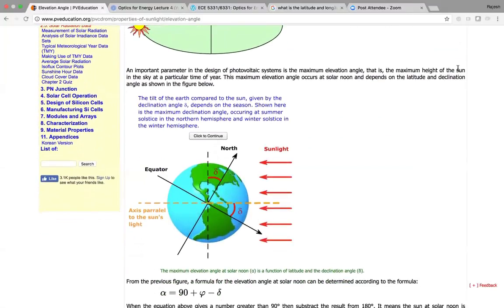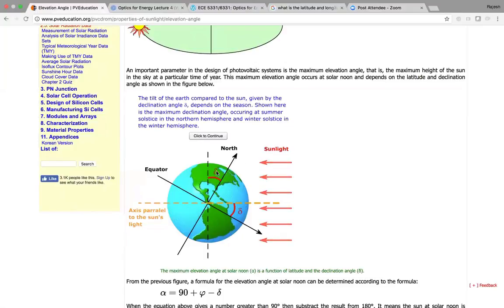Okay, now once we have the elevation, let's think about the Earth itself. It's shown here. Sunlight is coming in, and this is a particular time of the year. Let's say in this particular case, it's summer in the northern hemisphere, so the axis is pointing towards the sun in this direction.